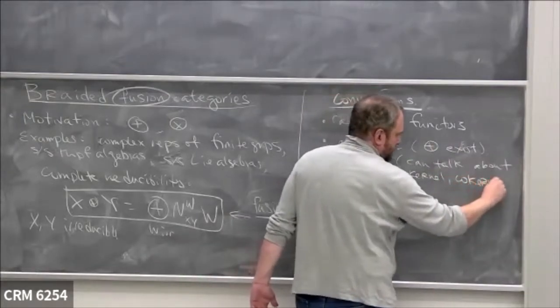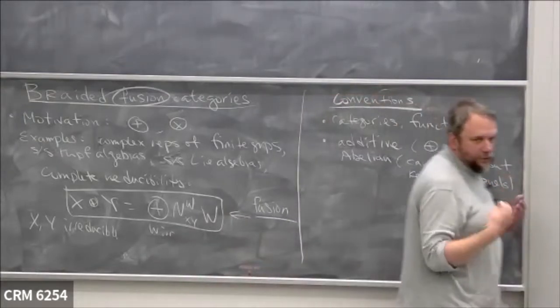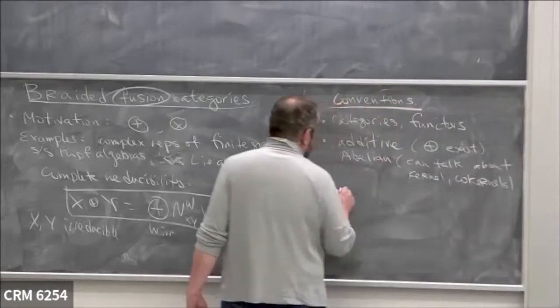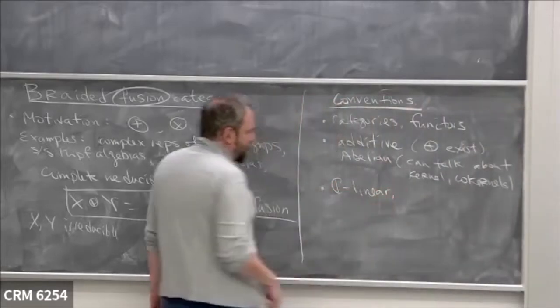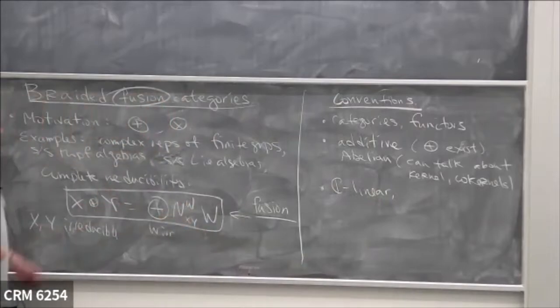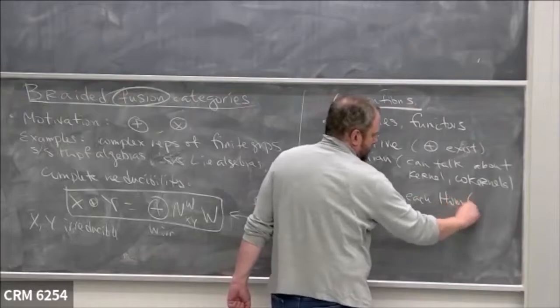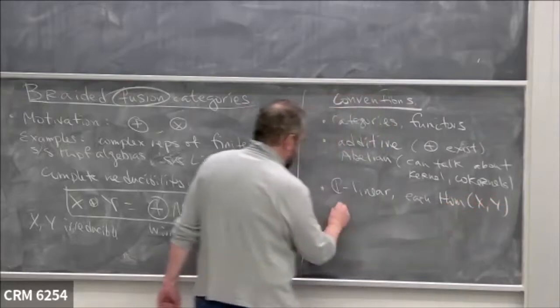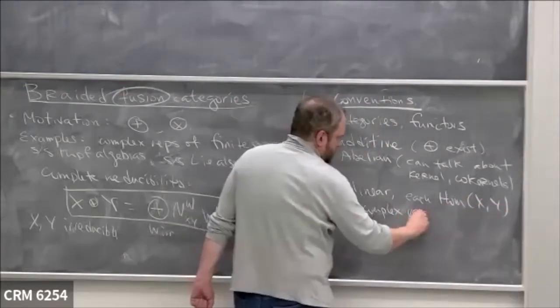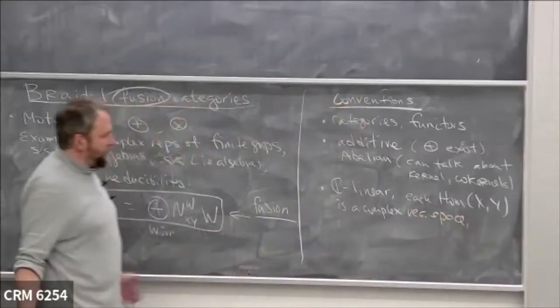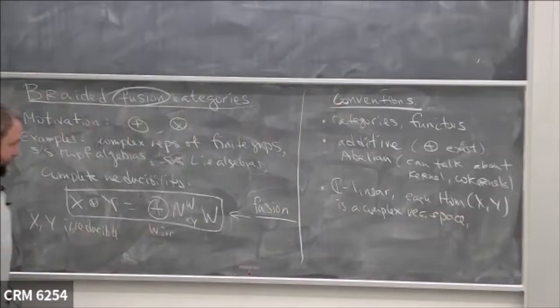So in short, one is able to do a sort of linear algebra in this setting. I will work over complex numbers, so my categories will be C-linear, meaning that each Hom(X, Y) is a complex vector space, and composition of morphisms is bilinear.